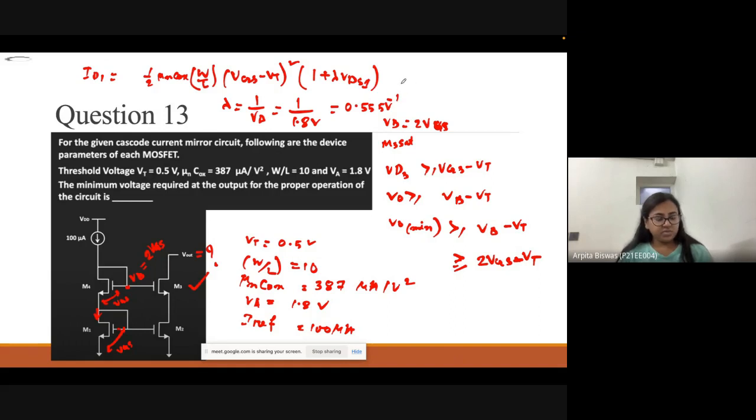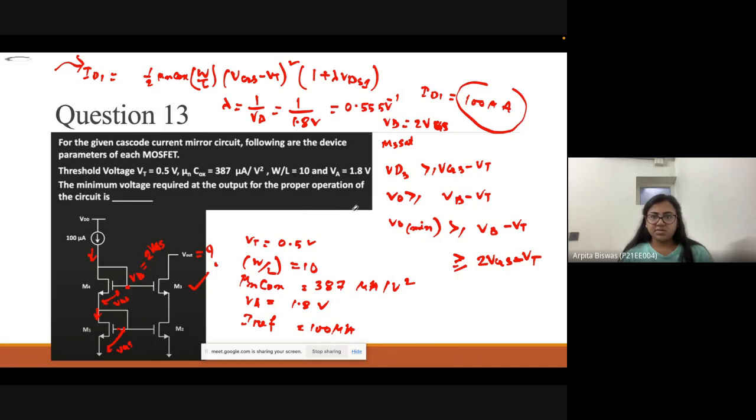Also ID1 is given as 100 microamps. Just put the value of 100 microamps in this equation.